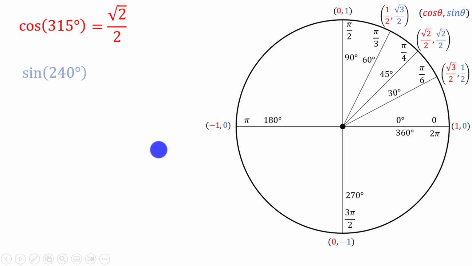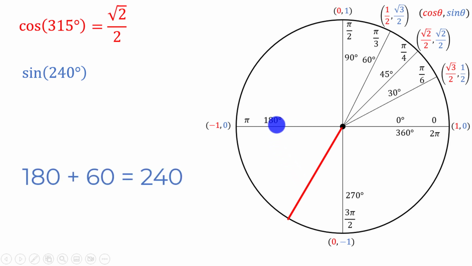Okay, let's try sine of 240 degrees. Where is 240 degrees? Well, 270 degrees is right here, so 240 should be somewhere in the third quadrant. More specifically, 240 degrees is 60 degrees more than 180 degrees. 180 plus 60 gives us 240, right?